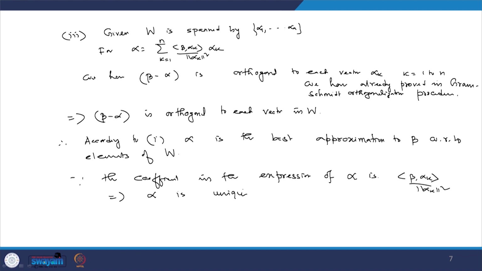If you take any other such vector, then definitely the coefficient of alpha k will be exactly the inner product of beta and alpha k divided by norm of alpha k square. So, therefore, I can say that this alpha is unique. We will discuss more in our next class, but before completing this class let me give an example.